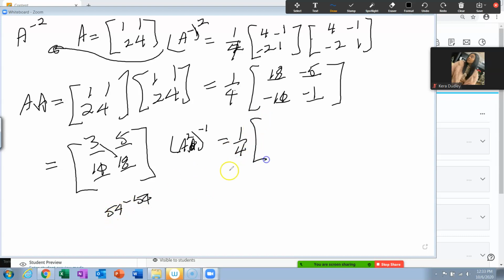And then let's do the determinant of this and we'll reverse the thing. 18, 3, oops, I messed up something here. Minus 5 minus 10.